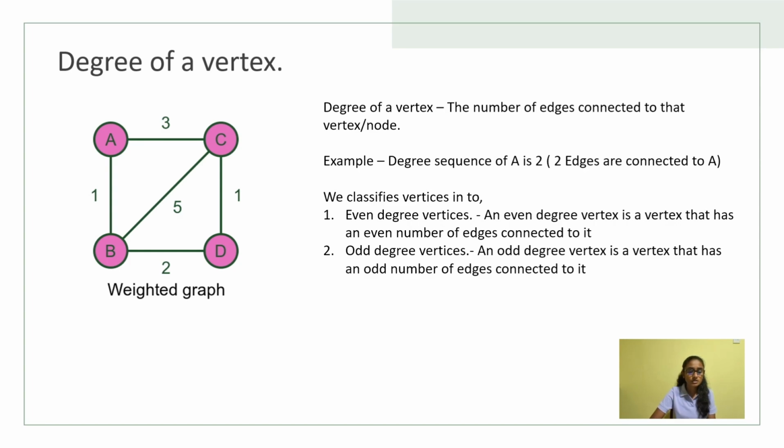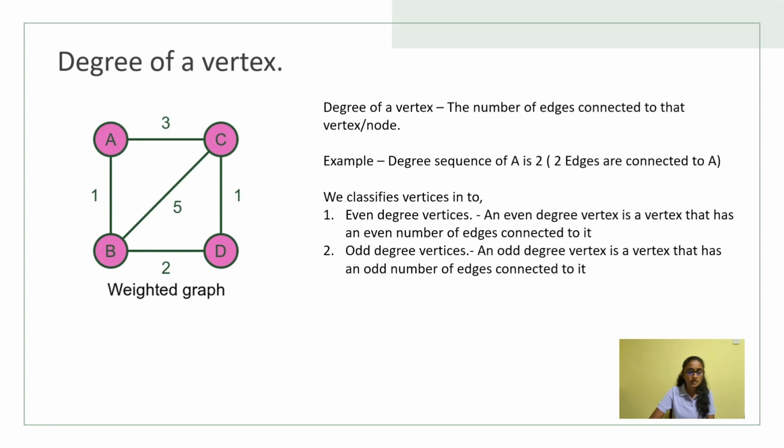Now we come to the most important concept, the degree of a vertex. What is the degree of a vertex? The degree of a vertex is the number of edges connected to that vertex. For example, if the degree of A is 2, it means 2 edges are connected to A. Even degree vertices: an even degree vertex is a vertex that has an even number of edges connected to it, such as 2, 4 or 6.